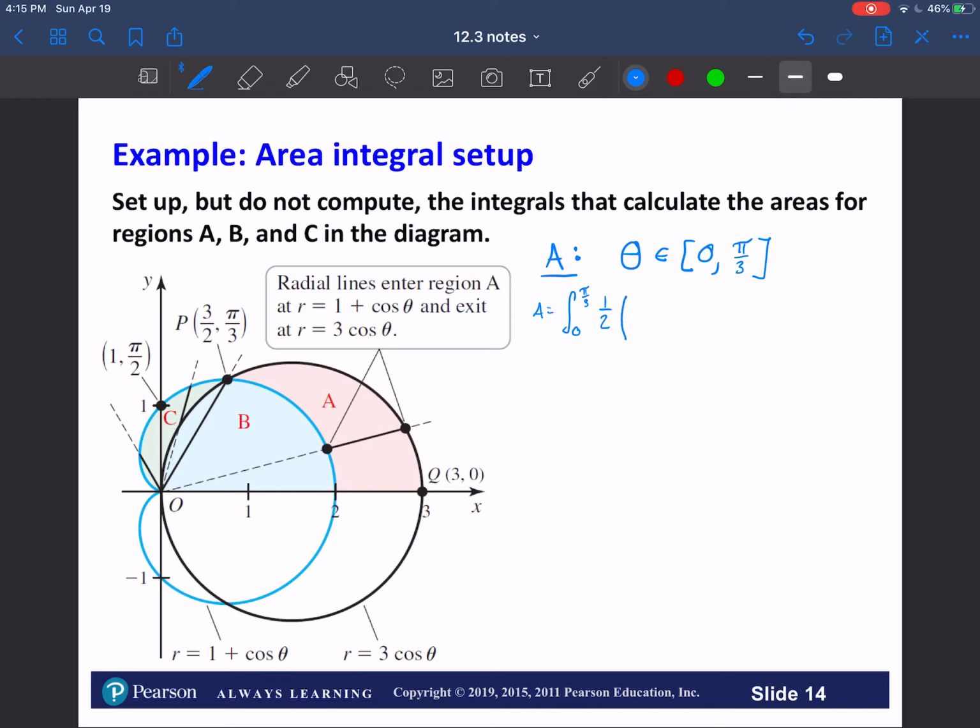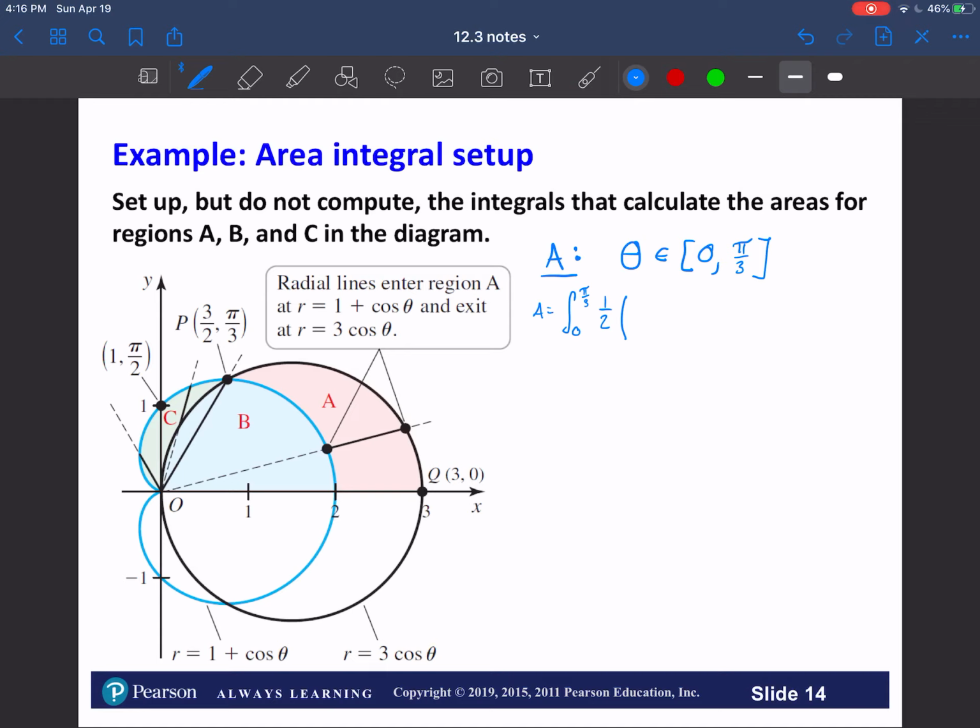The next thing you should do is think about what your outer and inner functions are. So the outer function is the one that occurs right when this radial line is about to leave the region. So that means that this function is your outer one. And this function here is our circle, right? You see that this function is the circle, and that is 3 cosine theta.